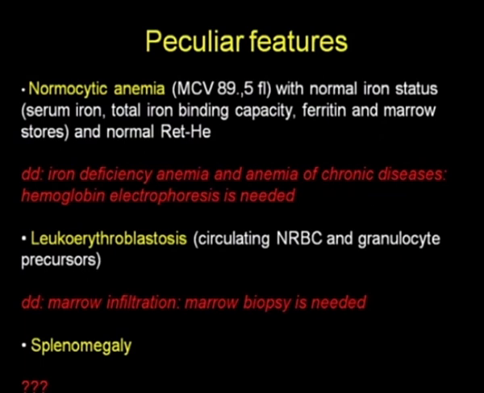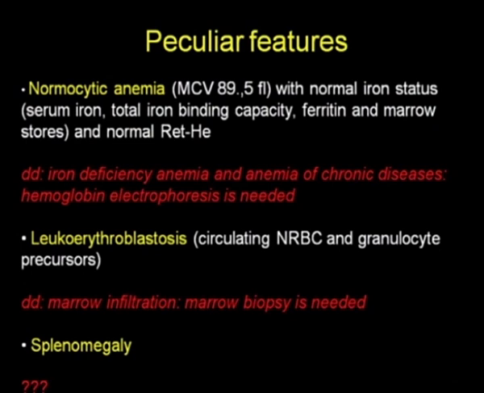You remember the hemoglobin content was normal. So you have to make a differential diagnosis with iron deficiency anemia, and it was not the case. Anemia of chronic disease: ferritin was increased, but not so increased, because this is not marked. And having this MCV, you should perform electrophoresis. Otherwise, it's inexplicable why there is megaloblastic anemia with a low or normal MCV.